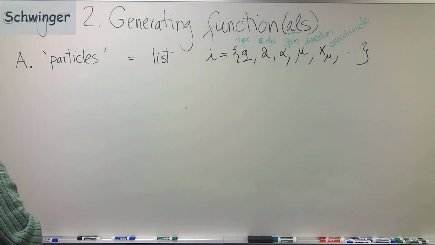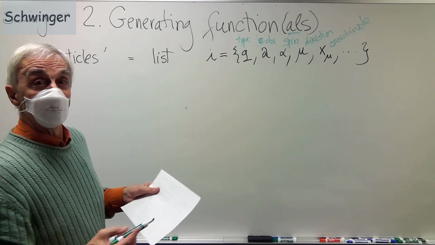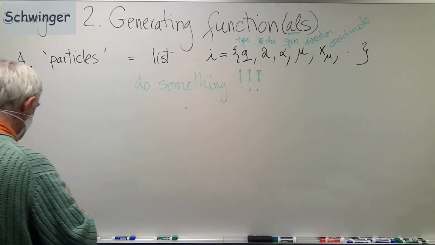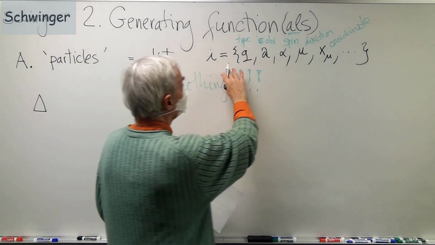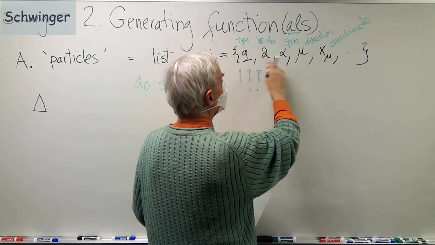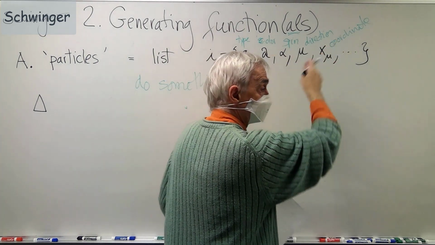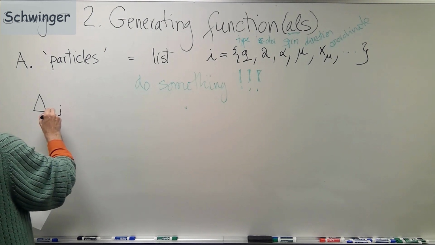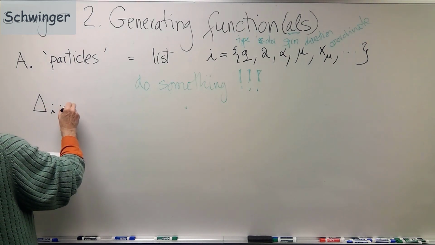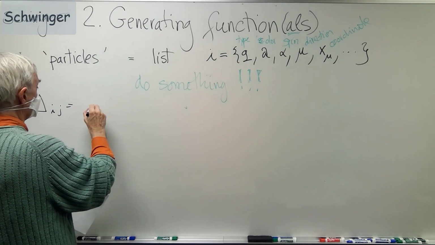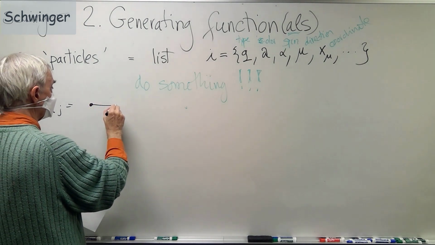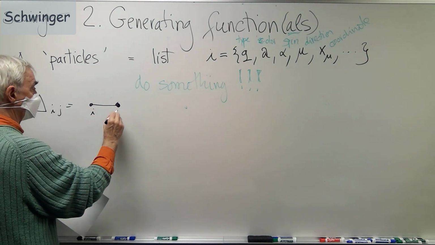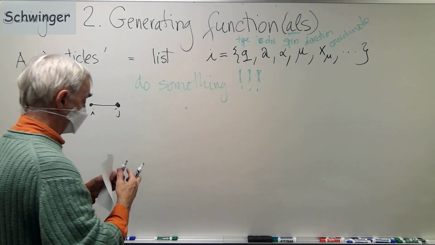Now, once we have a particle, it has to do something. So what can a particle do? It can change into the same particle with different attributes. So I start with particle J, I end with particle I. I find it much easier to draw pictures than write formulas, but it's up to your taste, what you understand better.